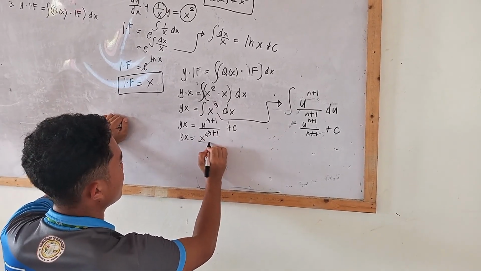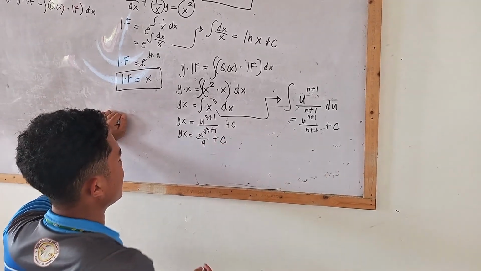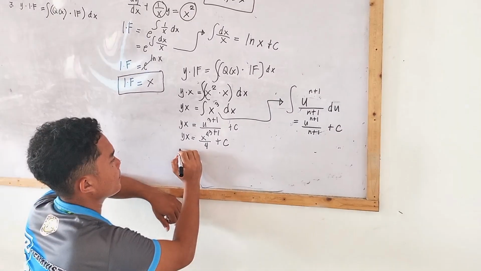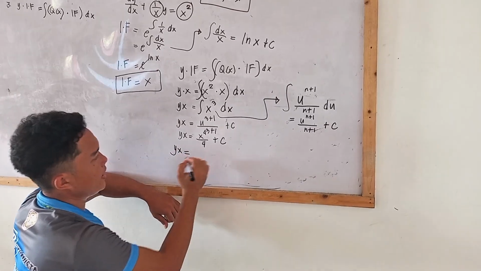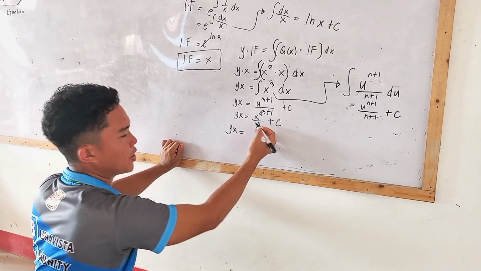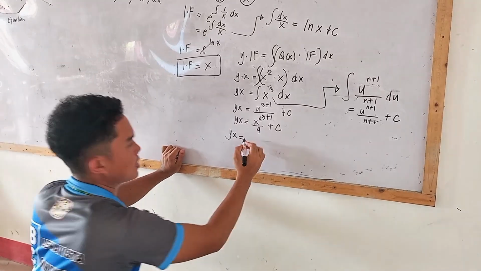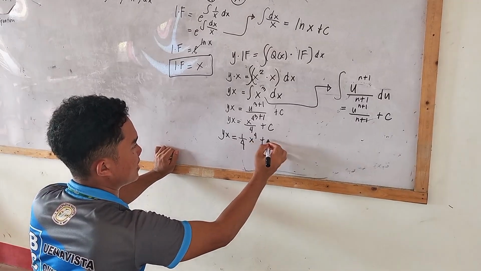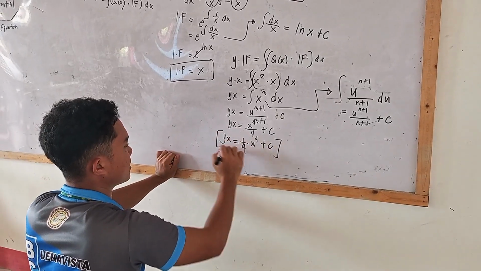So substitute the value of x, u rather, which is x to the 4th over 4, then plus c. So now, in order to get the y, we need to divide both sides by x. So in this fraction, we can rewrite x raised to 4 over 4 as 1/4 x to the 4th plus c. So now, divided by both sides by x.